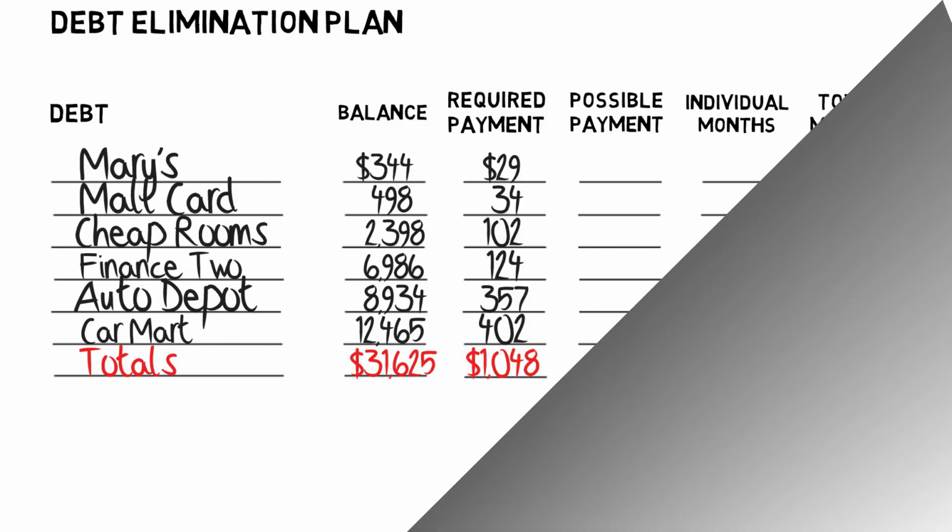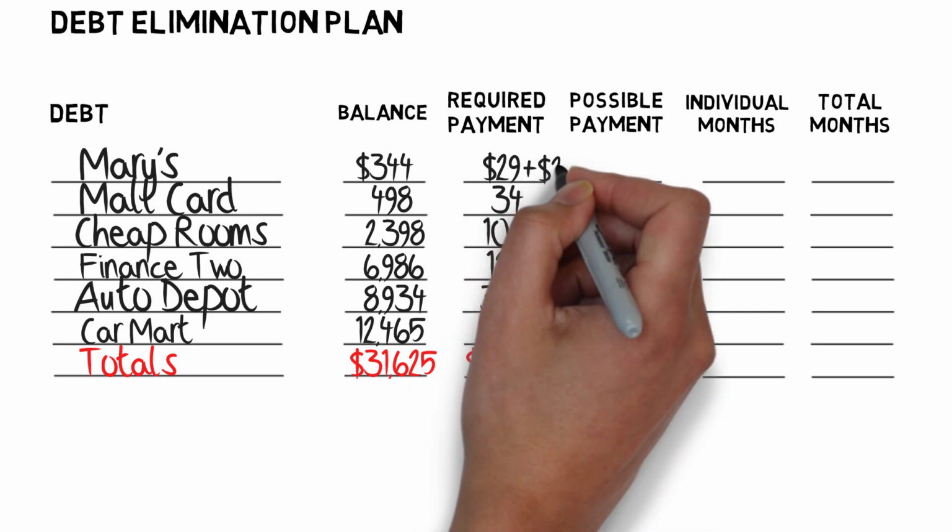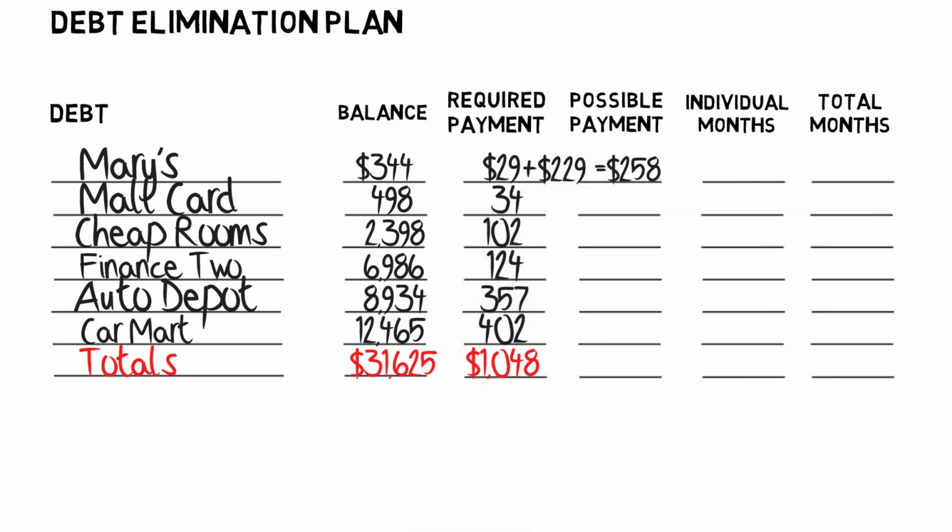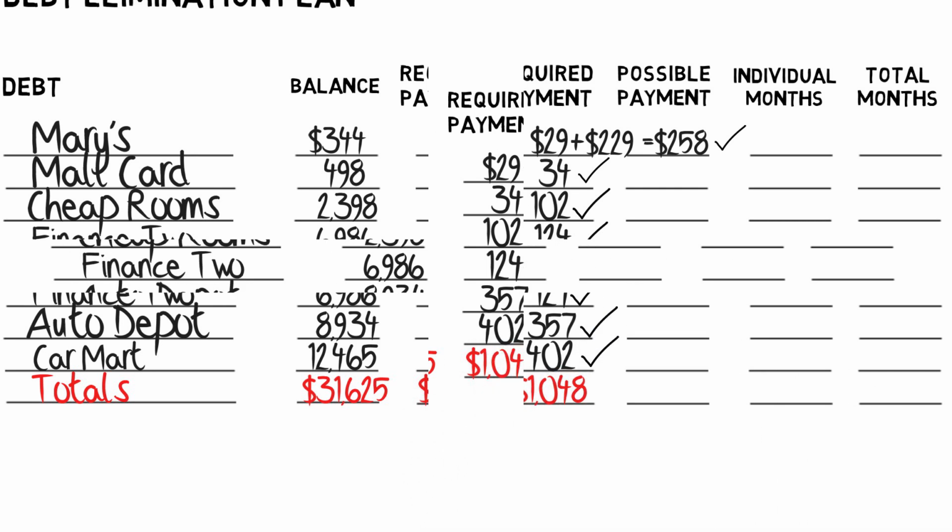This leaves an extra $229. Instead of paying $29 towards Mary's as required, they will pay $258 until it is paid off. By paying $258 on Mary's and the required payments on all other debts, you now have allocated the full $1,277.